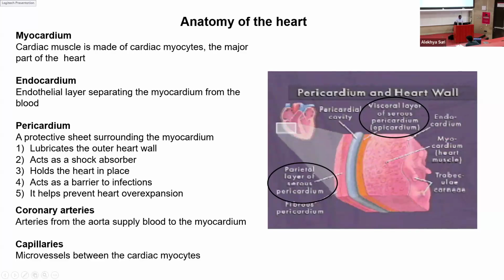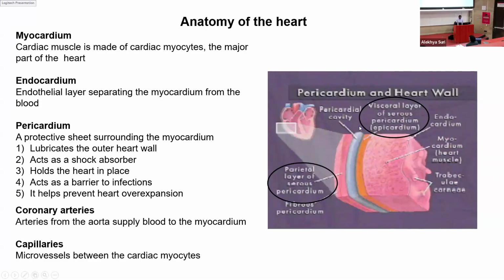And also it acts as a shock absorber, because the pericardial fluid present between the pericardial layers acts as a shock absorber. The pericardium is also attached to the sternum and to other parts of the body, so it holds the heart in place.